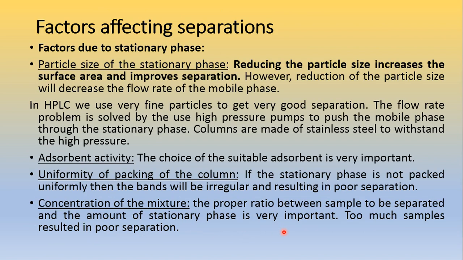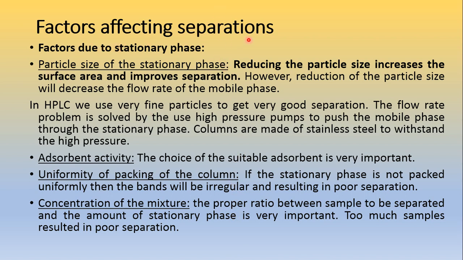So it actually depends on the nature of the sample. If our sample is polar, then we have to use polar solvents. If our sample is non-polar, then we have to use somewhat non-polar solvents. And if our sample contains both types of compounds, polar and non-polar, then we can change our mobile phase composition during the experiment in gradient elution chromatography.